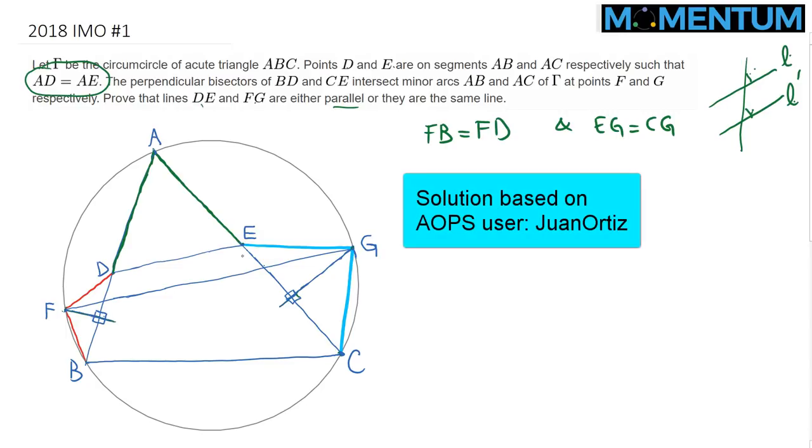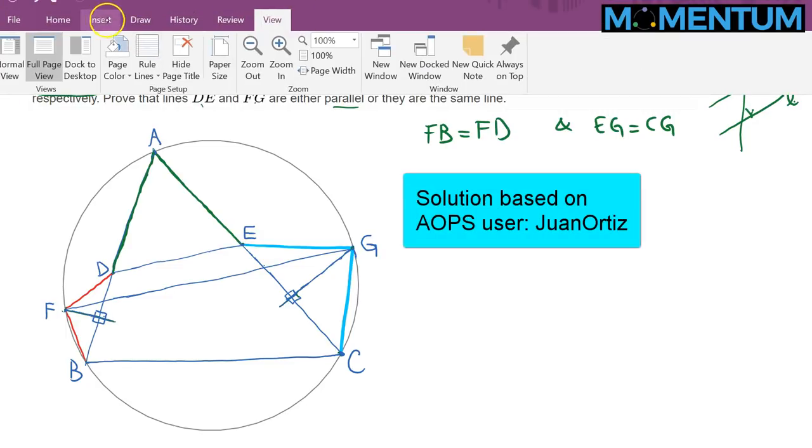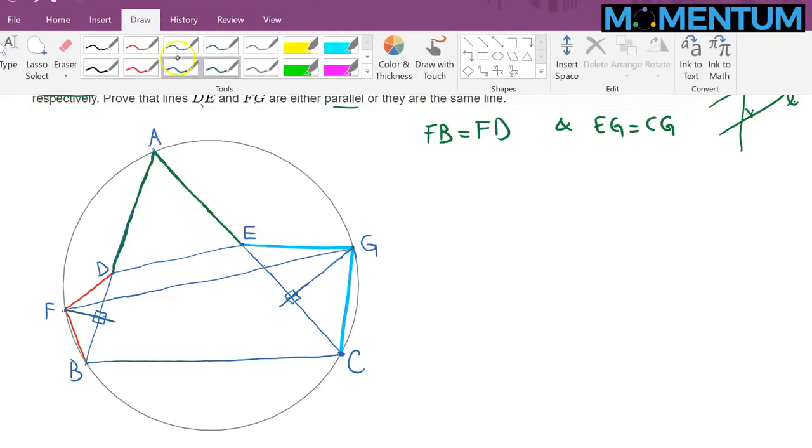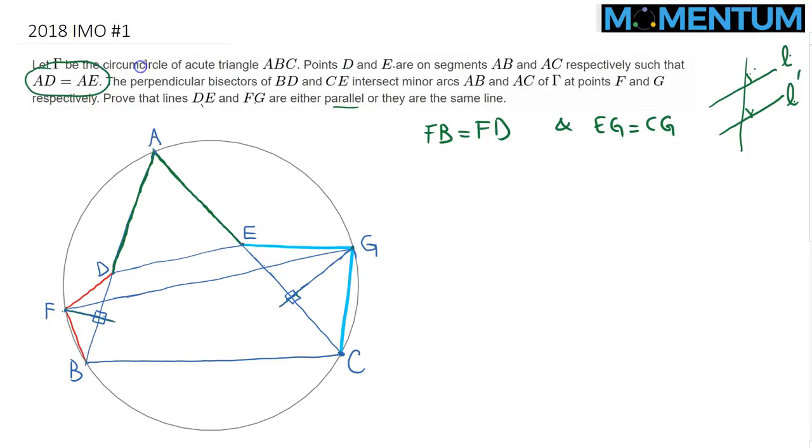For that, I'll go ahead and extend. In my first solution, I will extend FD. Well, actually, I don't want to mess up the fact that FD is equal to FB, so let's extend it with a different color. So we have FD extended. I'll let it meet the circle.